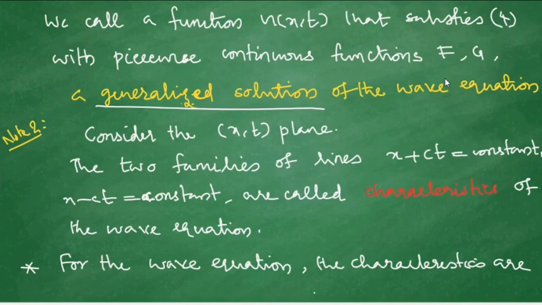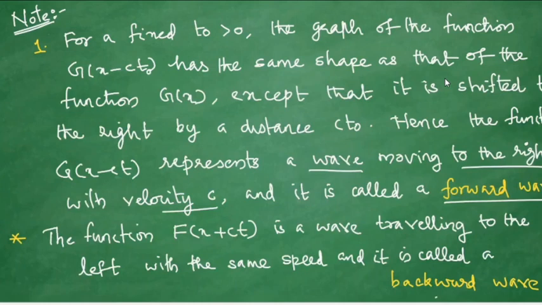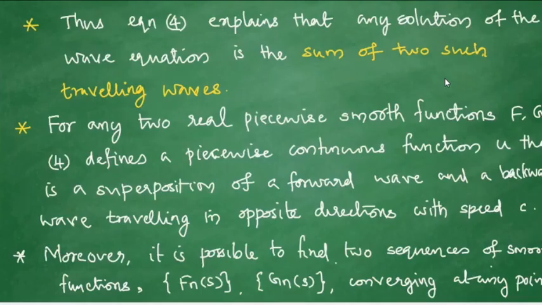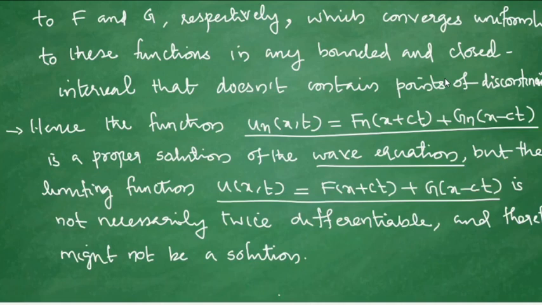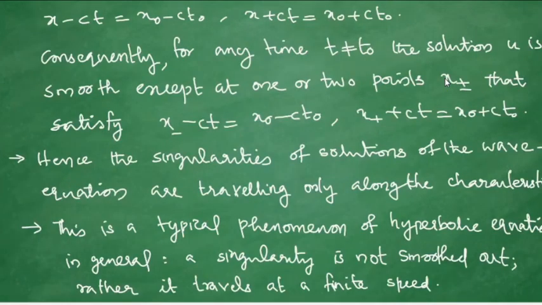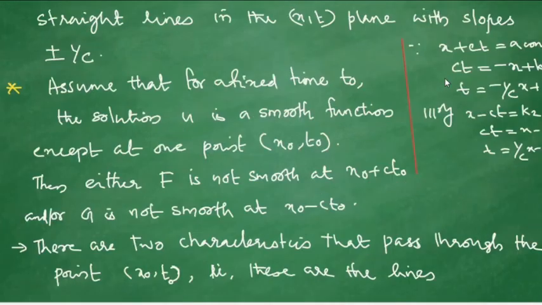We know that the wave equation is a hyperbolic equation, and we have already discussed that in the hyperbolic case we have two families of real characteristics, which we take as the two new variables, zeta and eta. For the wave equation the characteristics are given by x minus ct equal to a constant and x plus ct equal to a constant.